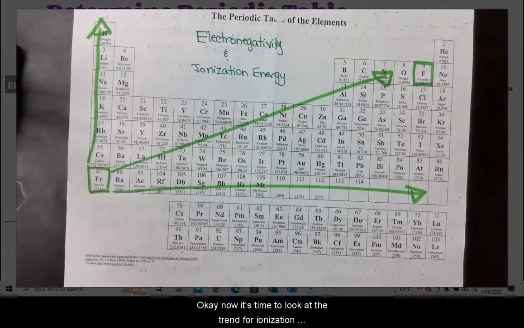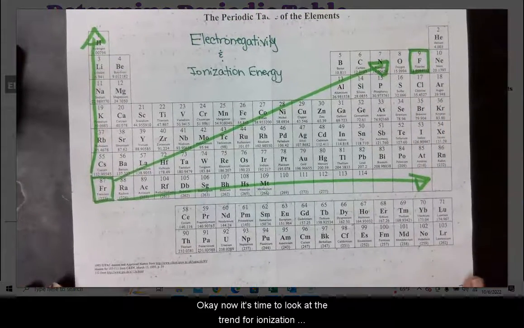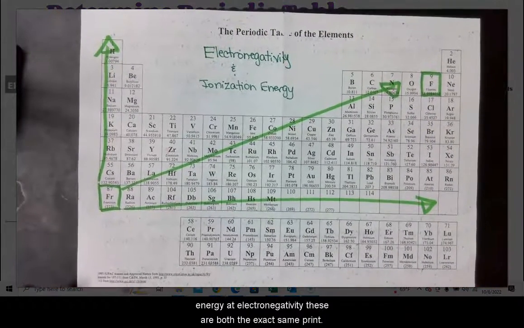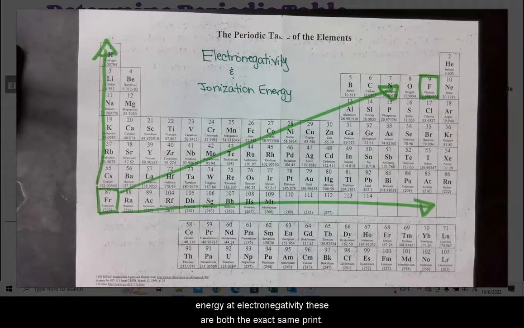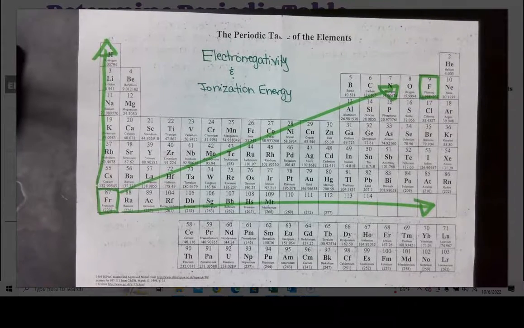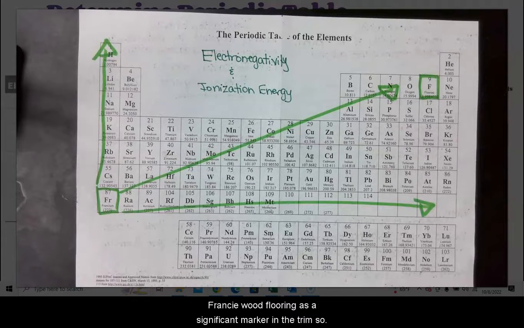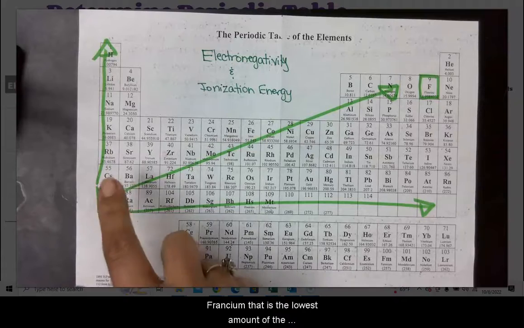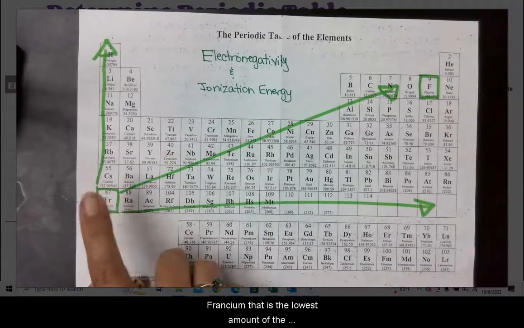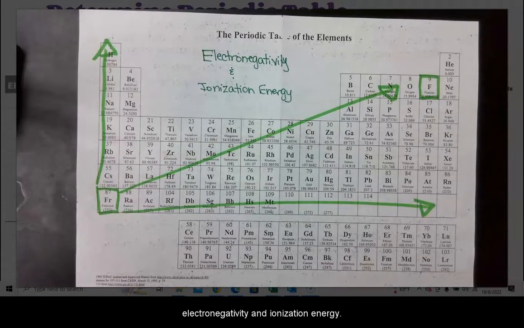Okay, now it's time to look at the trends for ionization energy and electronegativity. Yes, these are both the exact same trend. Both have to do with francium and fluorine as a significant marker in the trend. If you box francium, that is the lowest amount of both electronegativity and ionization energy.